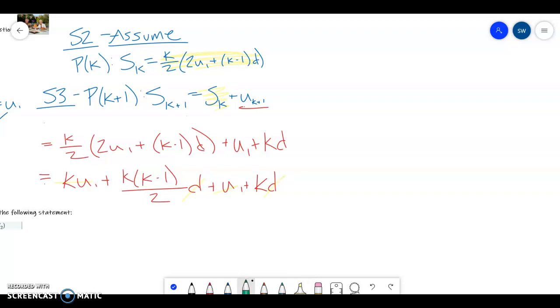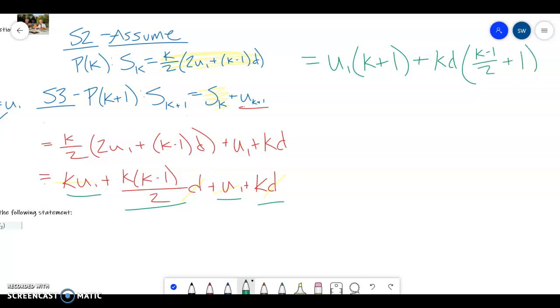So let's go over here and combine and factor. So we have u1, and that would be times k plus 1. I factored out the u1 from both of these terms. And then I'm going to factor out a kd, because that's what these 2 terms have in common. And that would give me, let's see, k minus 1 over 2 plus 1.